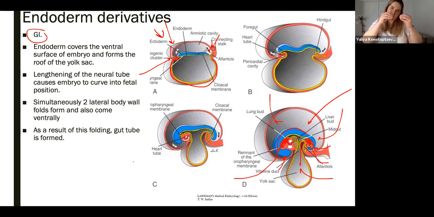The neural tube starts to elongate, and as it elongates, it forces your embryo, which is a disc, to start folding into a cylinder. The neural tube can't go straight forever. It will eventually force your embryo to curve. And that's the curvature.